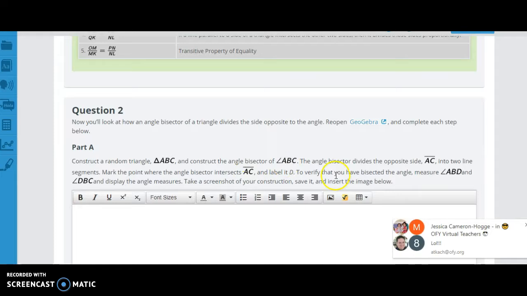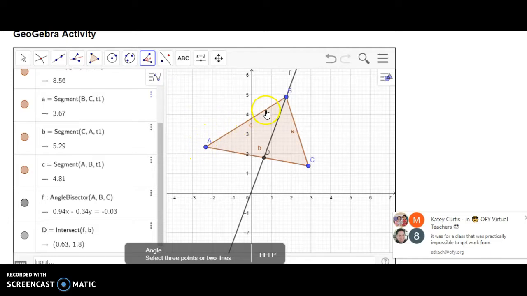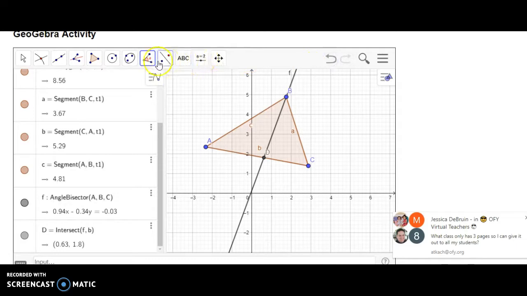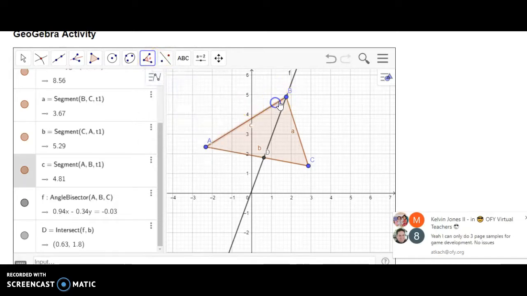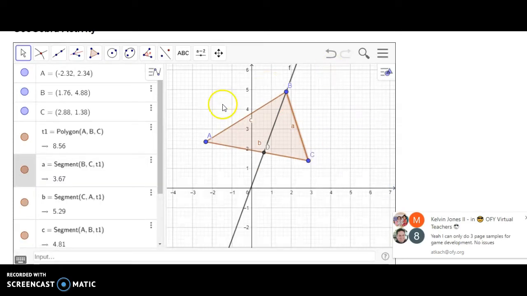Okay, and then it says measure these 2 angles. So we're going to go up here, measure the angle. Oops. Ooh, my bad. Let's go back here.